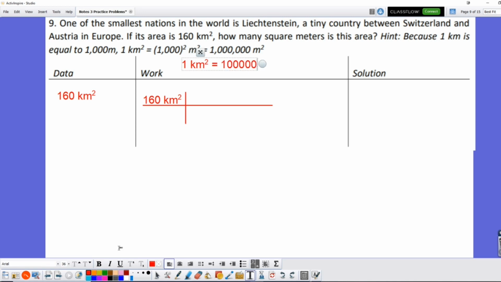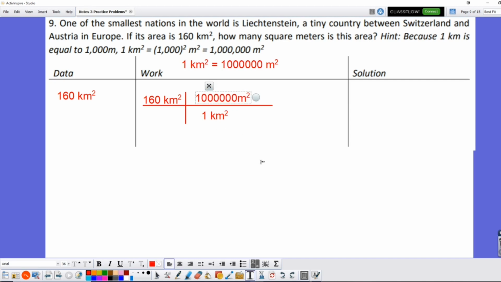I'm going to be careful with my zeros here. That looks right. Meters squared. So to get rid of kilometers, I'm going to put that 1 km squared down here. So 1 square kilometer is going to equal 1 million square meters. Just like that.